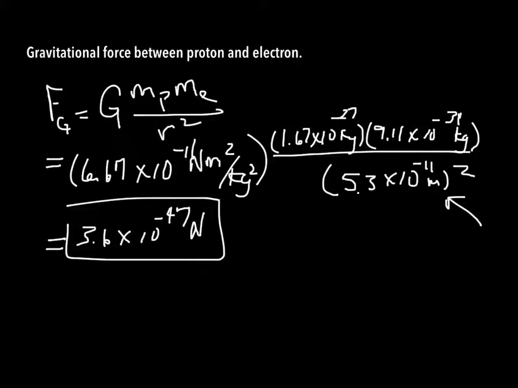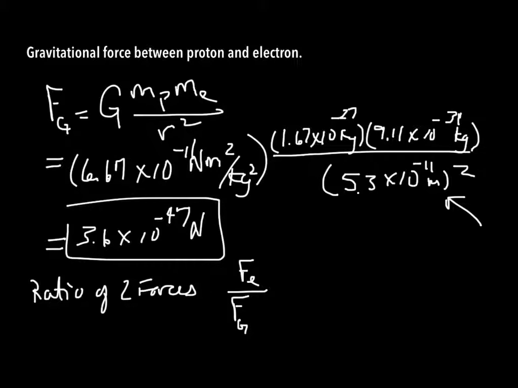Well, the problem actually wants us to contrast those. Let's just put together a ratio and find the ratio of the two forces. So ratio of two forces. Let's do the electrical force Fe to the gravitational force Fg.